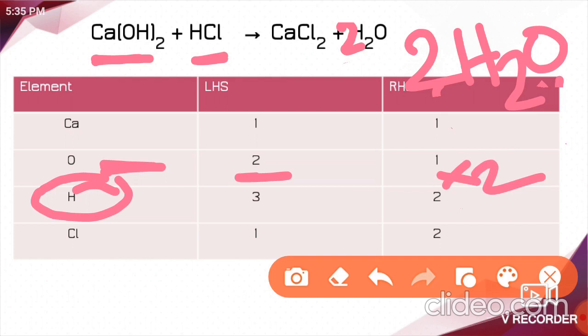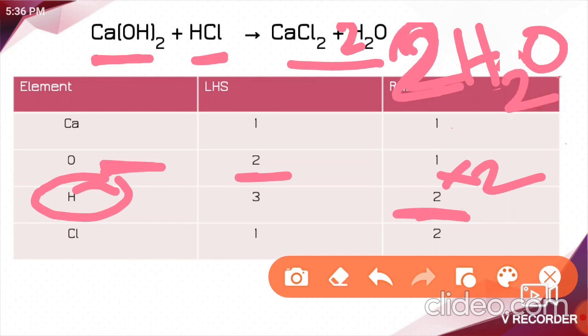See, after balancing the oxygen atoms, you notice that the hydrogen present in the water also gets altered. Initially in the product side, how many hydrogen atoms were present? 2, right? But when I alter the number of oxygen atoms, automatically the hydrogen in this formula also gets altered. Here I wrote 2, and here the subscript 2 is there.